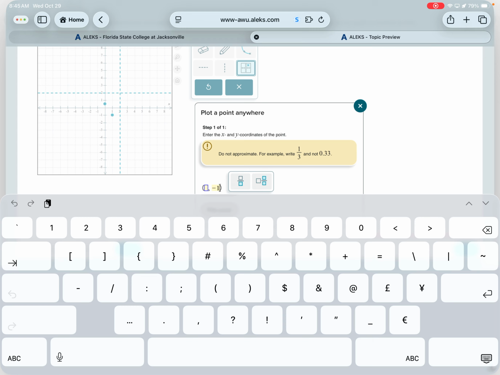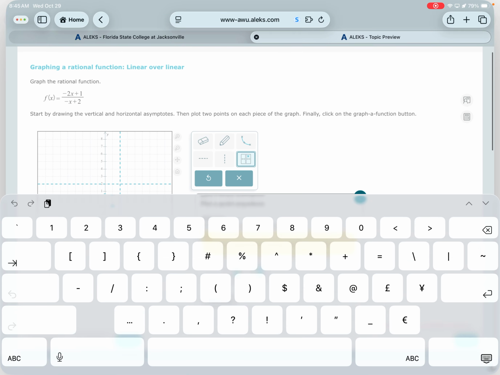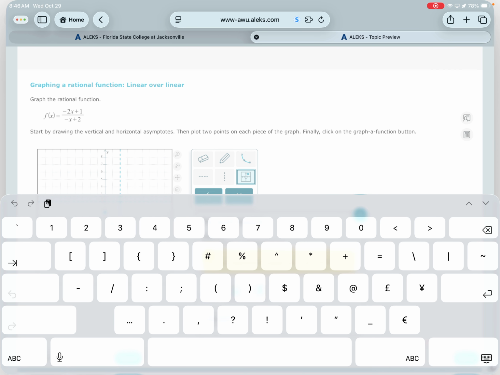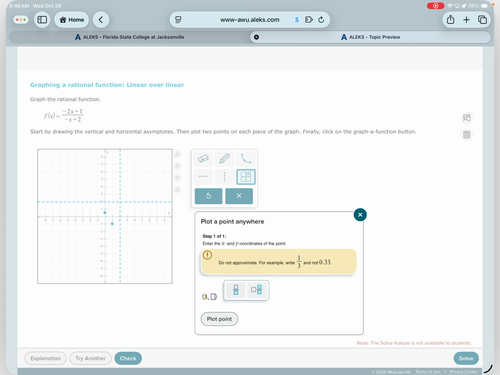If I plug in a 3, negative 2 times 3 is negative 6. Negative 6 plus 1 is negative 5. When I plug a 3 into the bottom, negative 3 plus 2 would be negative 1. So negative 5 divided by negative 1 would be 5, right? Y'all with me at all?